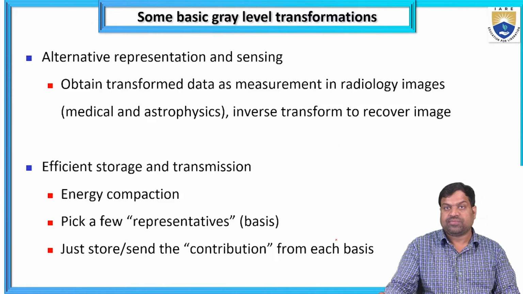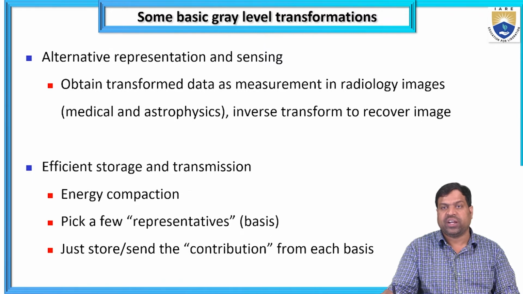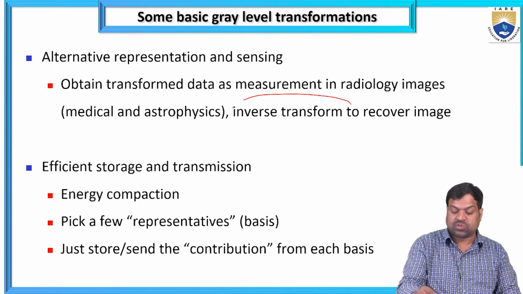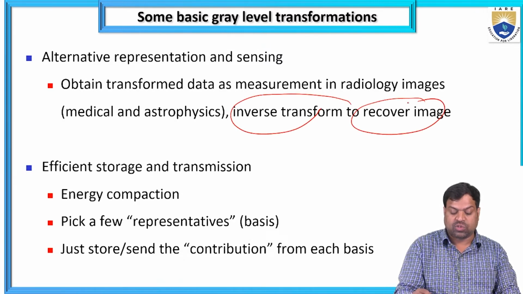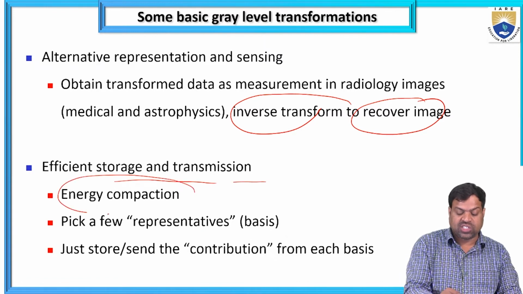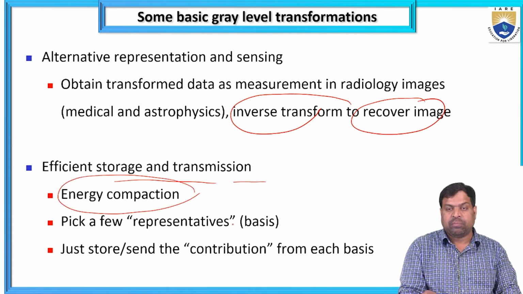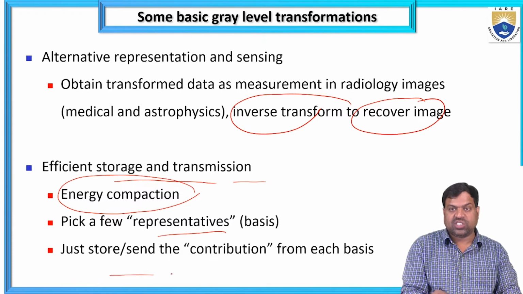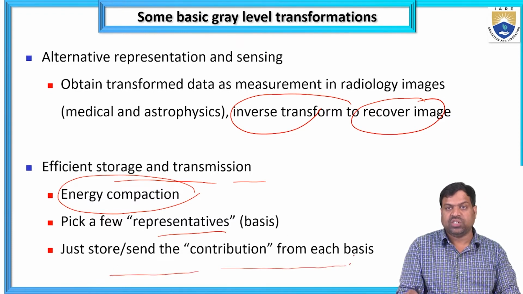Okay. So the alternative representation and sensing. Obtain transformed data as measured in radiology images, medical and astronomy, and apply the inverse transformation to recover the image. What does the inverse transformation mean? We are recovering the original image. Efficient storage and transmission: energy compression, pick a few representatives and just store the contribution from each basis.